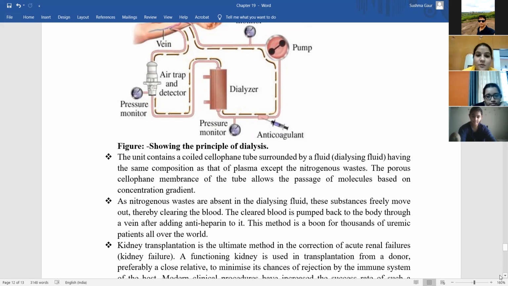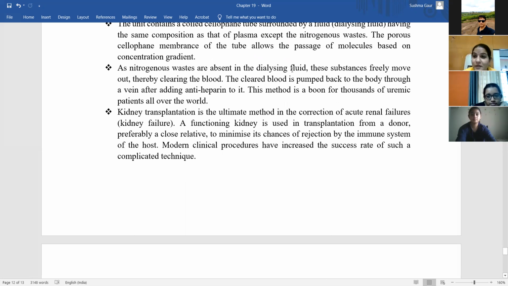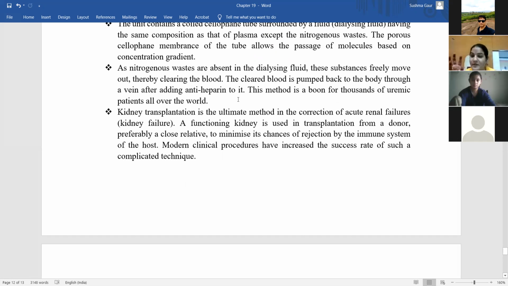Okay, so because the nitrogenous waste is absent in the dialyzing fluid that is present in the dialysis machine, these substances freely move out, thereby clearing the blood. So except urea, everything will be present in that dialyzing fluid.